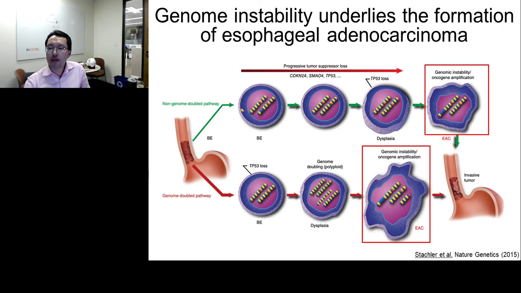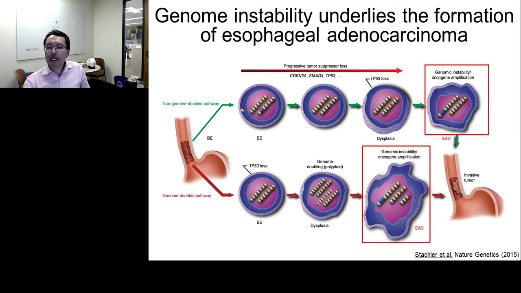One of them involves a peculiar step known as whole genome duplication, when the cell fails cytokinesis. The other doesn't involve whole genome duplication, but it involves loss of tumor suppressors, including P16 and TP53, that would essentially unleash a firestorm of genome evolution.